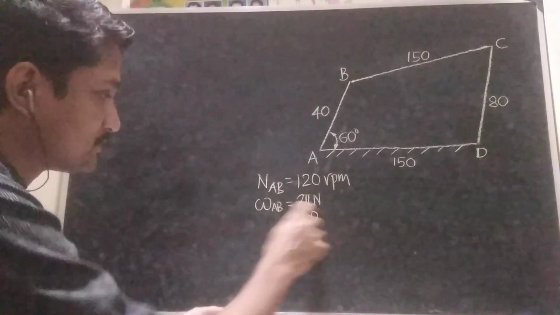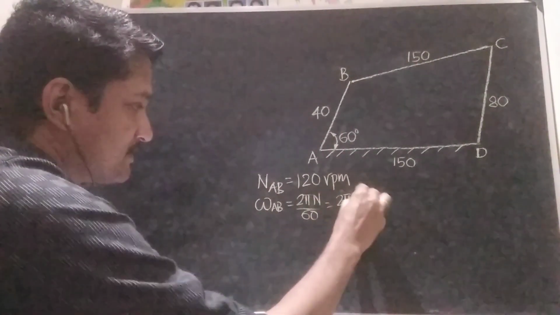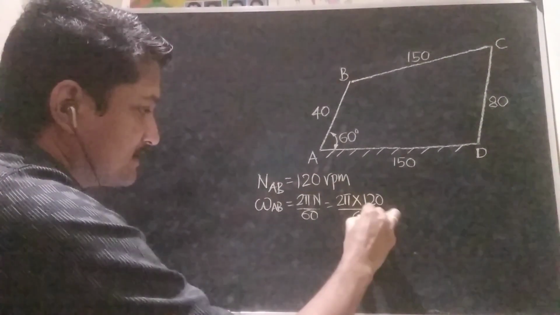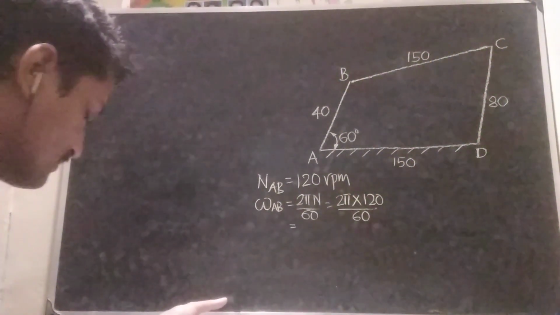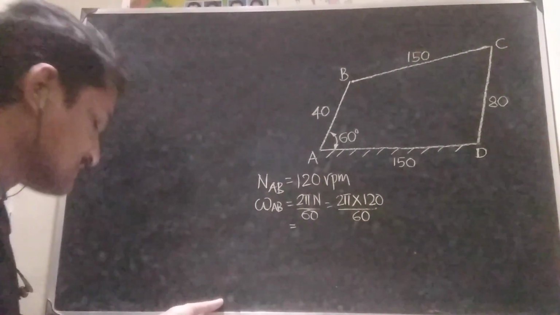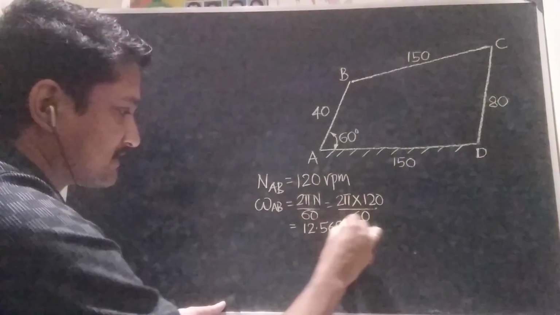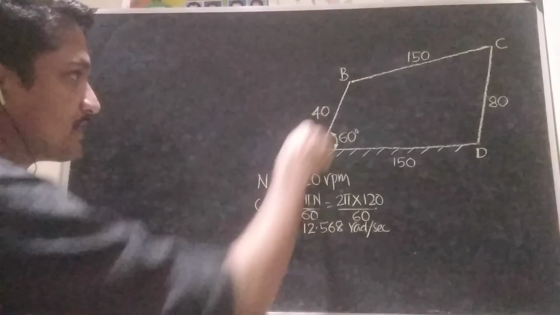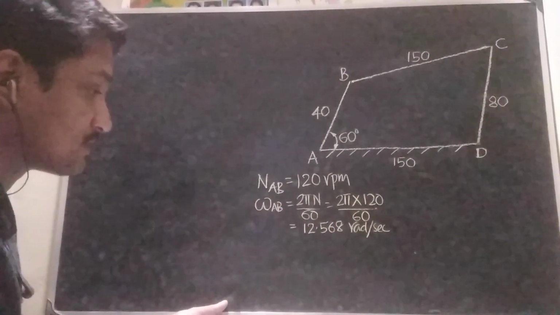Then omega is equal to 2 pi into 120 divided by 60, and that is omega of AB equal to 12.568 radian per second.